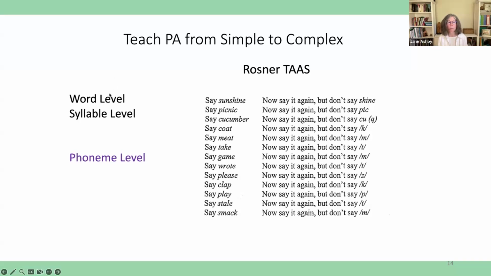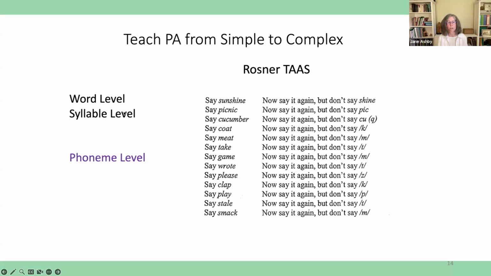I want to know what their performance is at the phoneme level, which is going to start right here with coat. Now say it again, but don't say k. And they say oat. So that shows their ability to delete that initial sound, right? Say meat, say it again, but don't say mm. So we have 3 trials with the initial sounds where they're deleting that and giving you what's left.